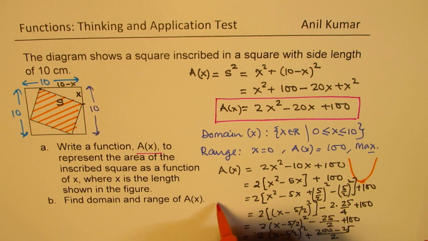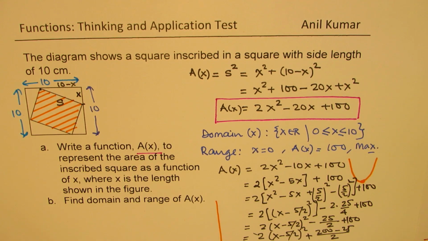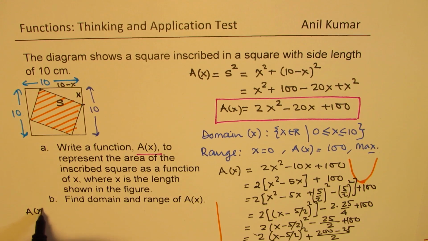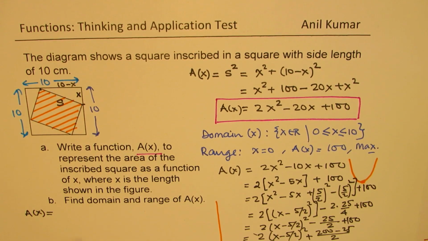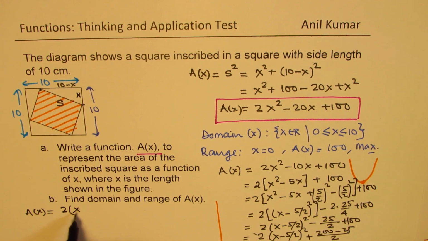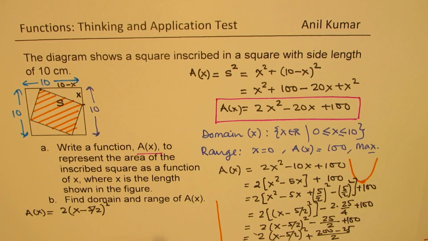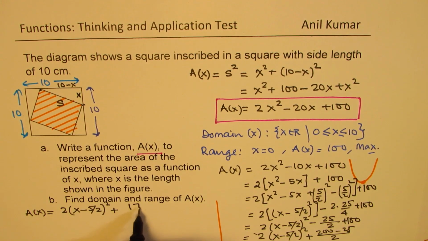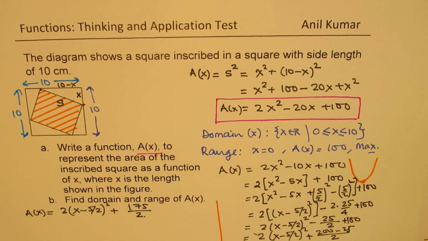Let us actually write this function on the left side and then calculate, right? So we have our function A of x as equal to 2 times x minus 5 whole squared plus 50.